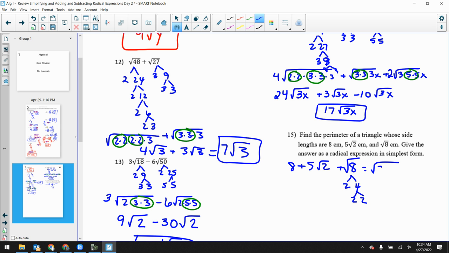So that becomes a 2 times 2 times 2, buddies. So this becomes an 8, a 5 radical 2, and a 2 radical 2. 8 plus 7 radical 2. Can I make that a 15 radical 2? No. No, you cannot. That's like x plus 8. Right.